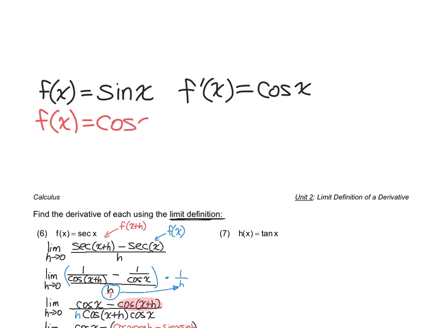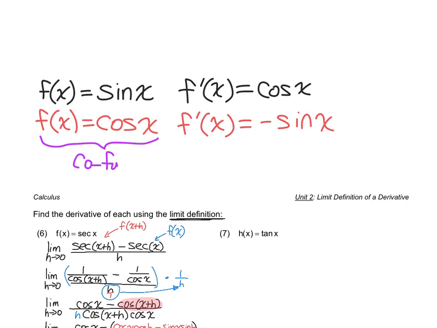Cosine of x, its derivative, negative sine of x. So, pattern recognition. That seems to be the theme for the week. The relationship between these two, that they're cofunctions, based on the definition I just gave you of what cofunctions are. What's the relationship between these two?